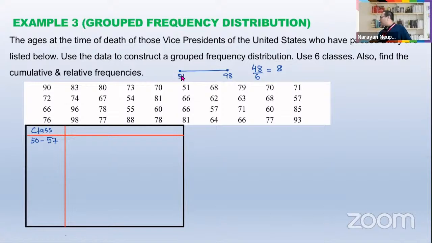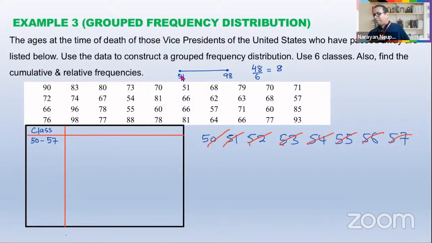Let me show you here: 50, 51, 52, 53, 54, 55, 56, 57. How many are there? 1, 2, 3, 4, 5, 6, 7, 8. Do you see that? That's why.